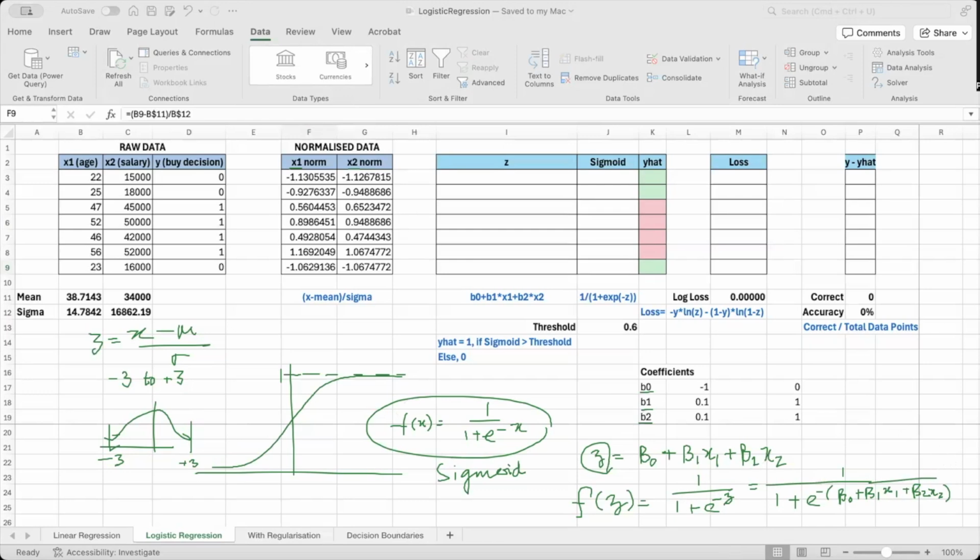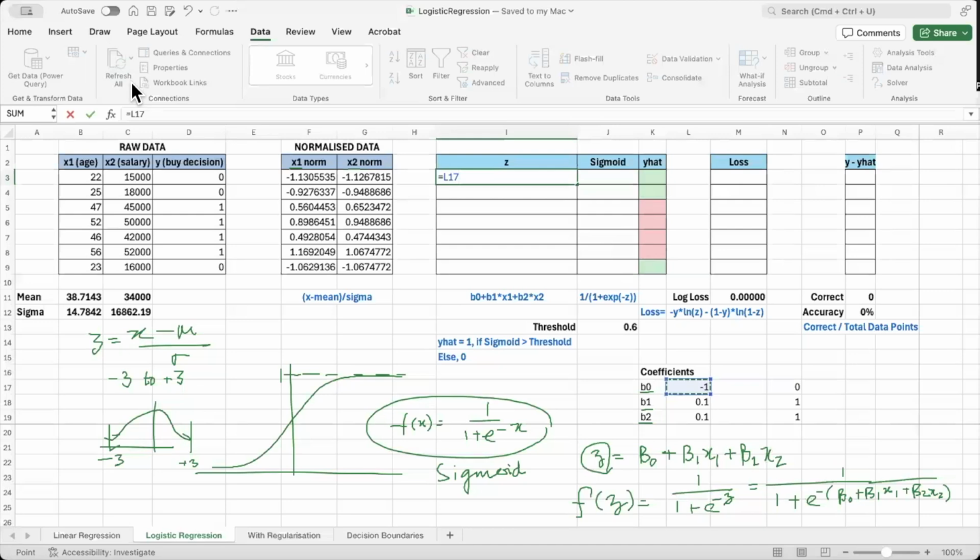Let's find these values. So first I find the value of z. So z is nothing but beta 0 plus beta 1 into x1, where I take the normalized value, plus beta 2 into x2. I have taken some arbitrary values of beta, just like I did in the case of linear regression, because I do not know the actual value of beta.